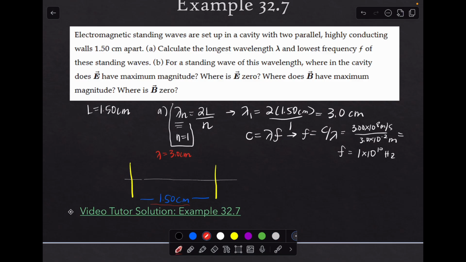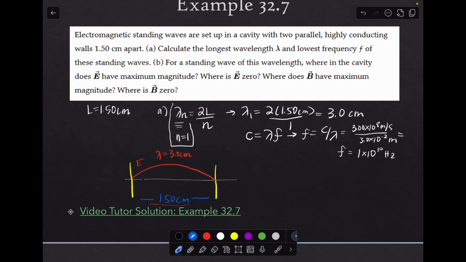We're going to draw half a wavelength, and we know that the E field at a conductor is 0. So the E field must be 0 at the conductor. That's half of one wavelength, this would be a whole one, but we're only drawing half because the cavity is only 1.5 centimeters wide. And that's the E field.